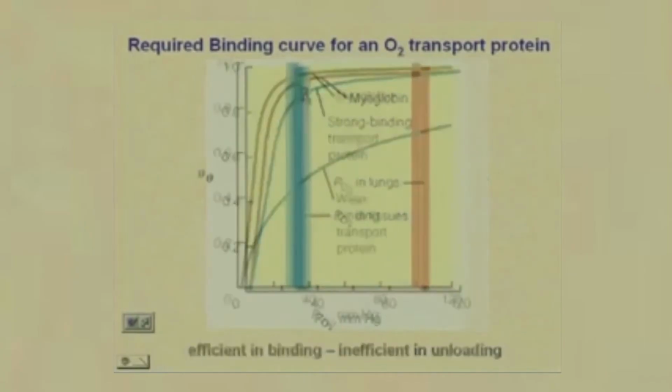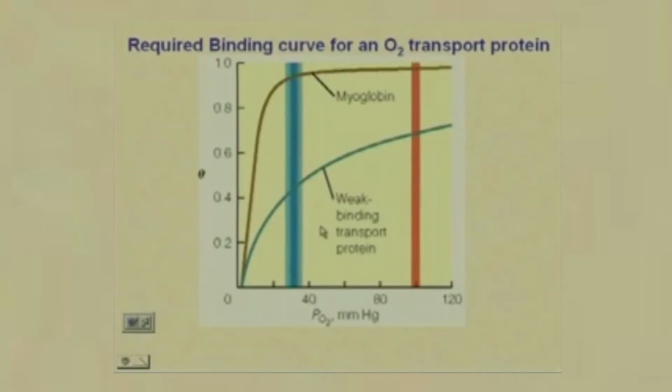Okay. So what happens if, let's say, we have something like this? If we have a weak binding transport protein, myoglobin remains as it is in a hyperbolic fashion. So it is more than 80% saturated in the lungs as well as in the tissues. But if we have a weak binding transport protein, what is going to happen?